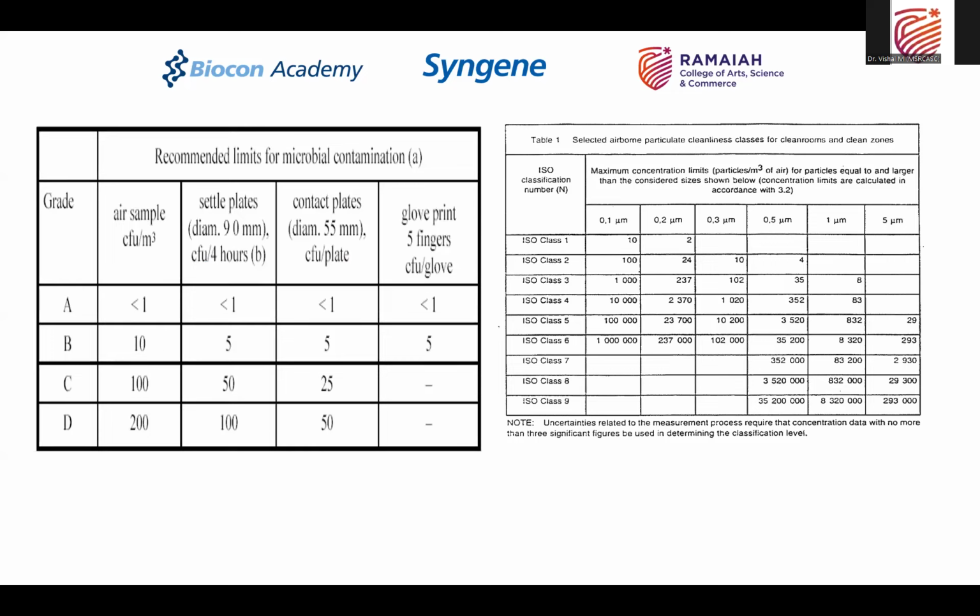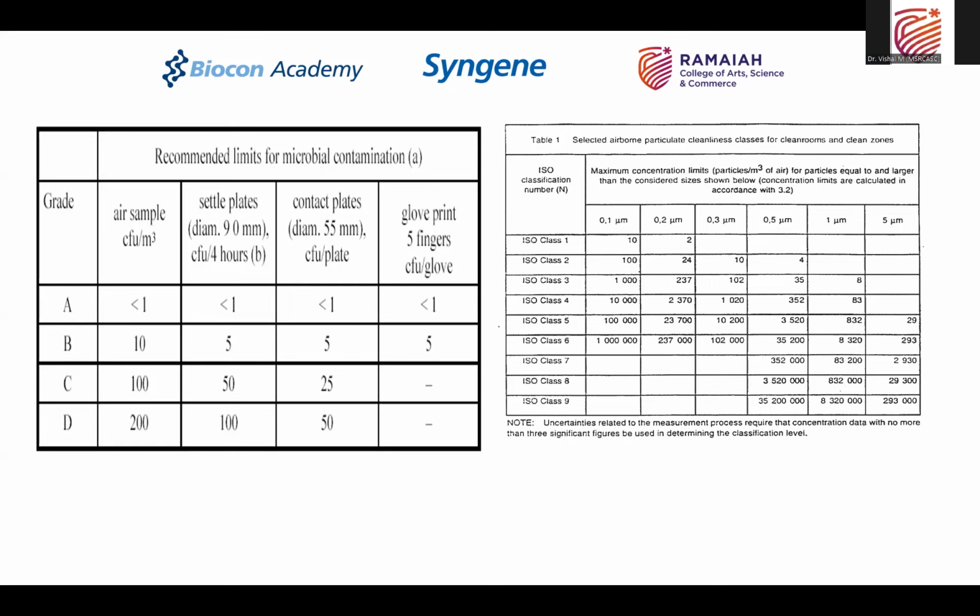So these are the recommended limits for microbial contamination. In air, it is CFU, that is colony forming units. CFU stands for colony forming units. So you should have less than 1 CFU per meter cube. That means in such a small area, less than 1 colony or no colony should be there. Okay, and settle plate.